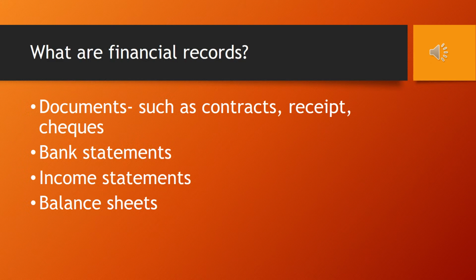So the equation for the income statement is income minus expenditure, which equals profit or loss. To see if you are making profit or loss, you need to record that in the financial record called the income statement. Then we have a balance sheet. A balance sheet also shows how much the business is worth.